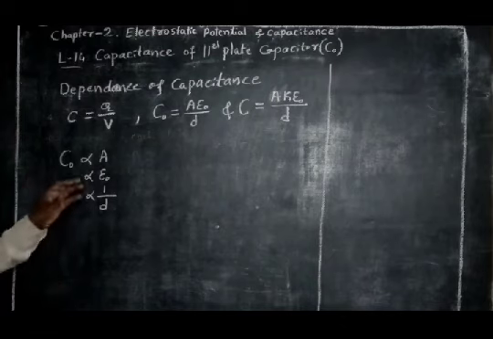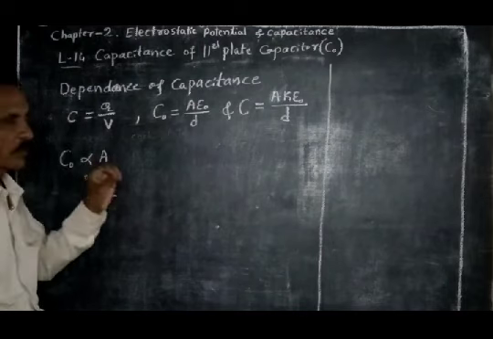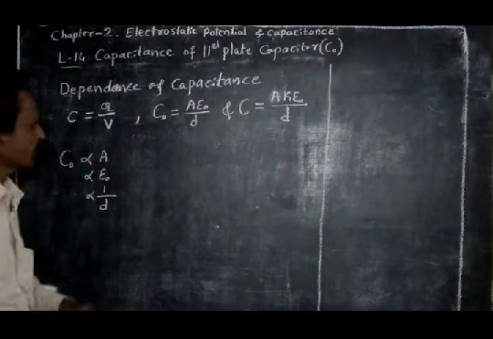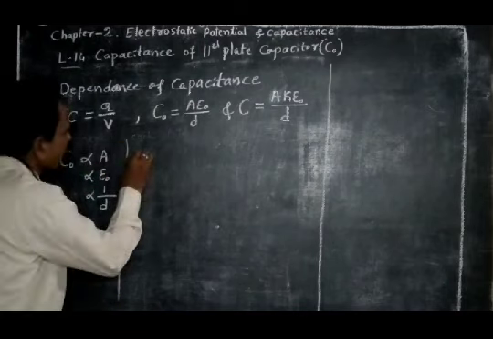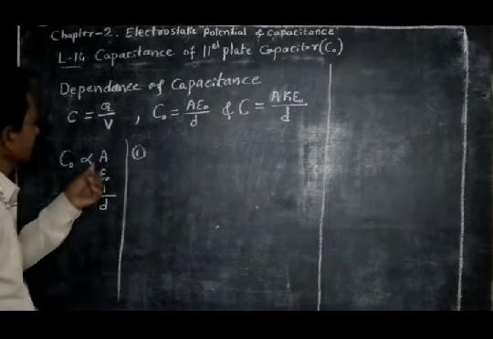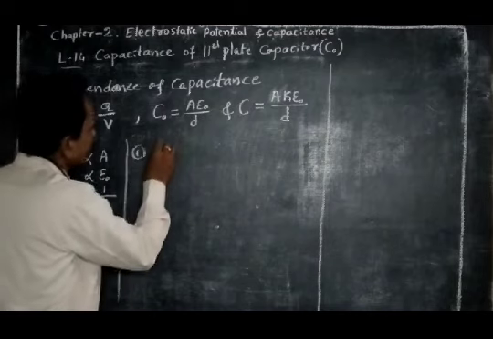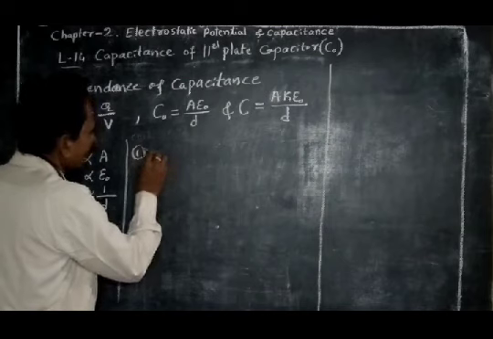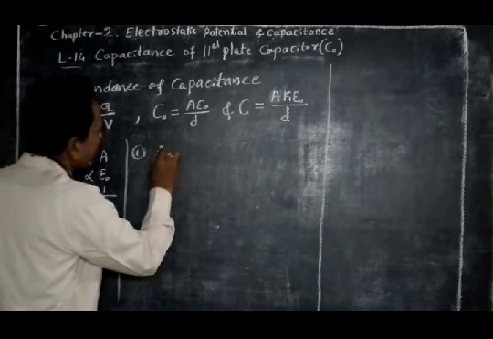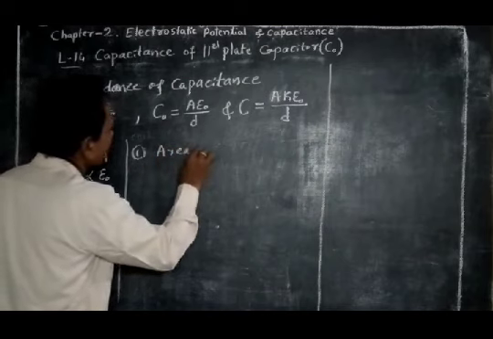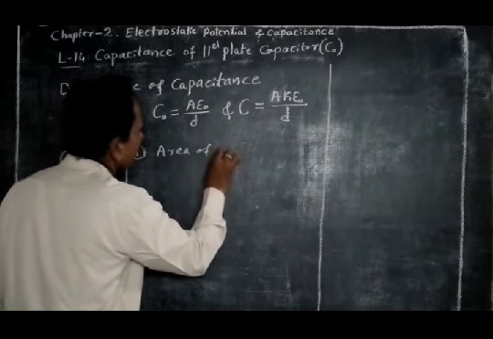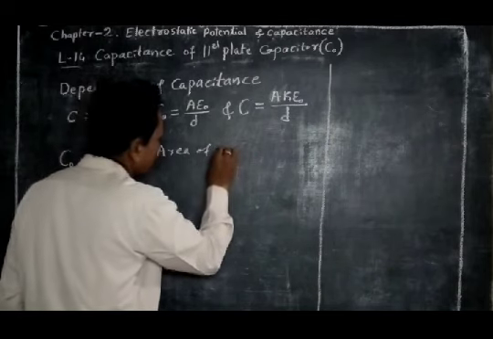Therefore, the factors on which capacitance of a capacitor depends are: number one, area of plates or conductors.